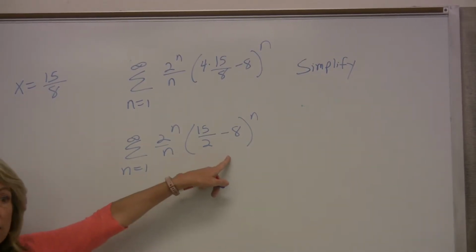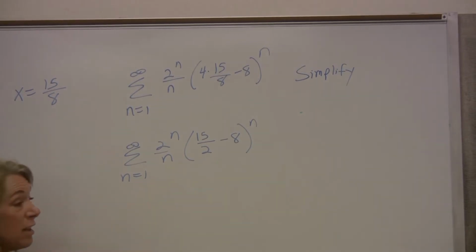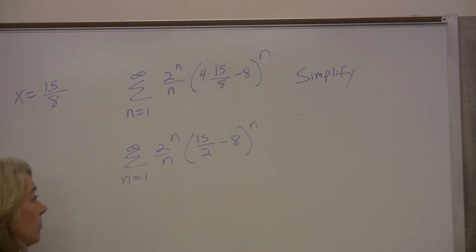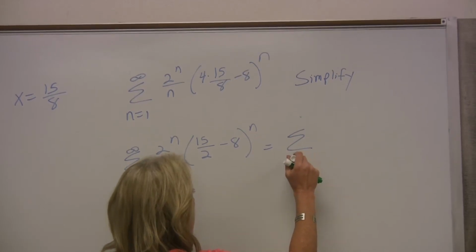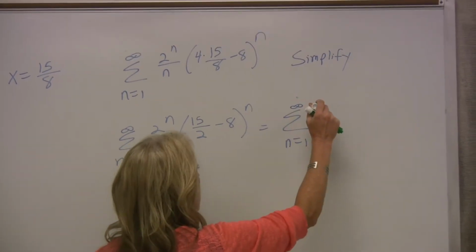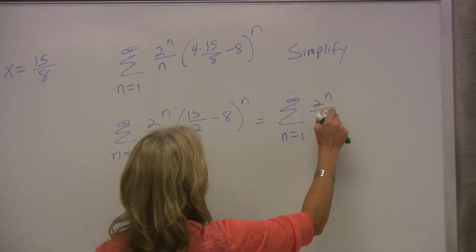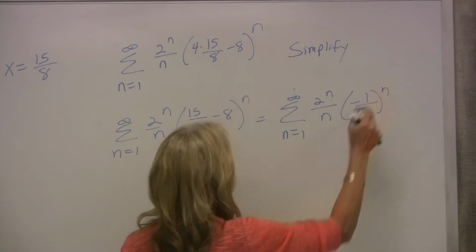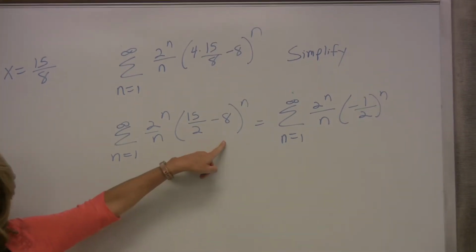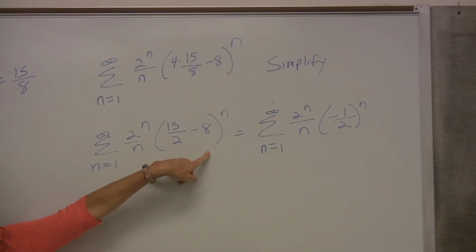So that's 16 over 2? Negative 1/2. So it's negative 1/2, he says. He's already ahead of the game here. The sum, n equals 1 to infinity, 2 to the n over n times negative 1/2 to the n. 15 halves minus 16 halves is negative 1/2.